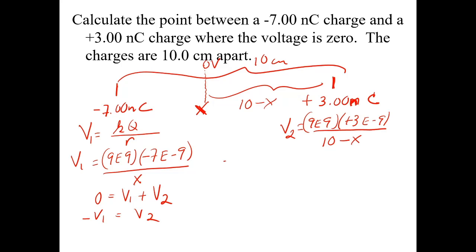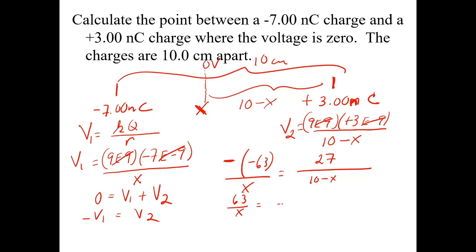I actually could have left these in variables a little longer. So negative 7 times 9 is negative 63 over X. Then on the other side, the negative 9's cancel. 3 times 9 is 27 over 10 minus X. So 63 over X is 27 over 10 minus X.